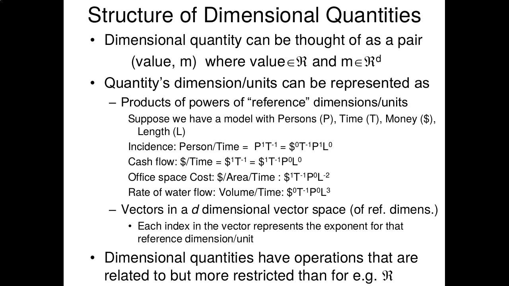It's maybe $200 per square foot, or $200 per square meter, or what have you, per month. Rate of water flow, the water flow of the South Saskatchewan River out the windows there. We have some amount of volume per unit time. These are dimensions associated with that rate of water flow, okay?